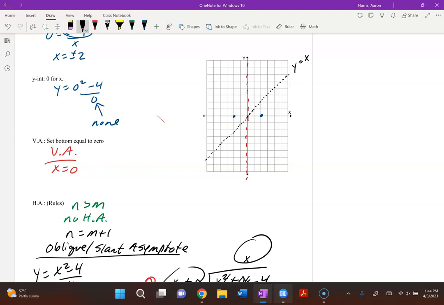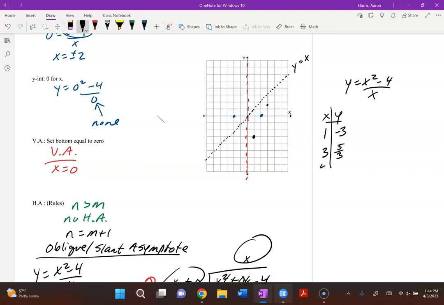And then I'm just going to plot some points. We have y equaling x squared minus 4 over x. Let's throw in 1. So I got 1 squared minus 4, -3 over 1, -3. We already know 2, 0. Let's throw in 3. I got 3 squared minus 4, 9 minus 4, 5 over 3, so about 1.6.